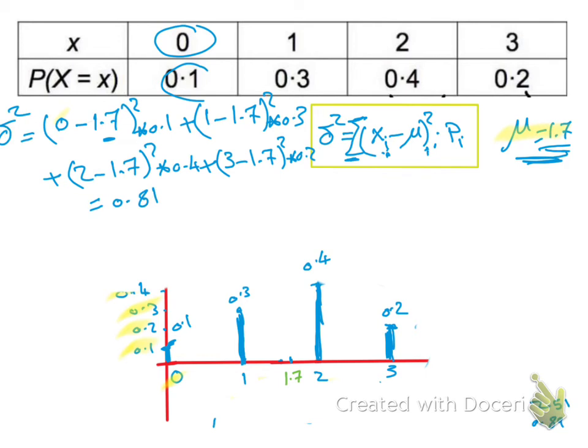So the answer will be 0.81, okay. This is sigma square. This is called the variance, okay.